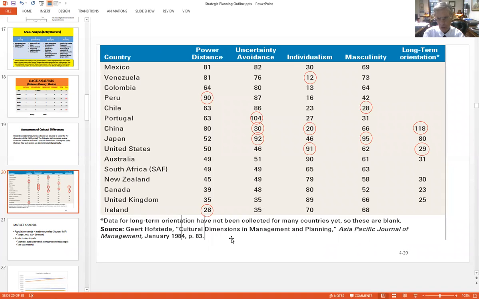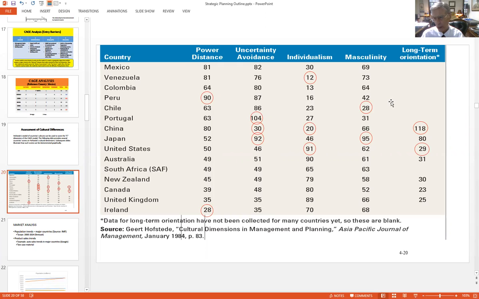And he measured 4 dimensions of culture. You can see them up at the top of the screen: power distance, uncertainty avoidance, individualism, and masculinity versus femininity. In the case of individualism, it's individualism versus collectivism. Later on, and by the way, Hofstede was so successful that an institute was formed called the Hofstede Institute.